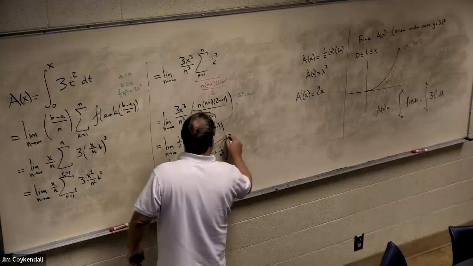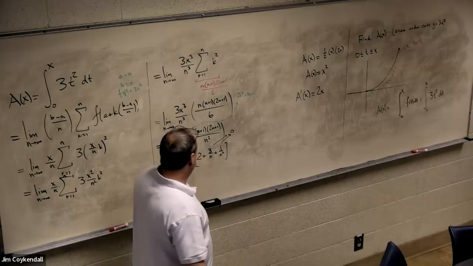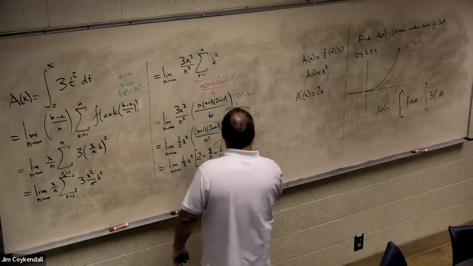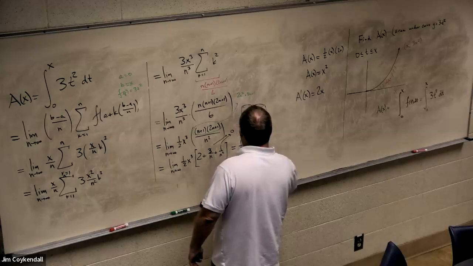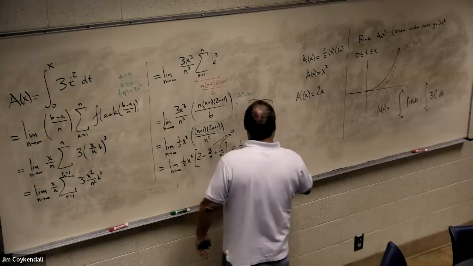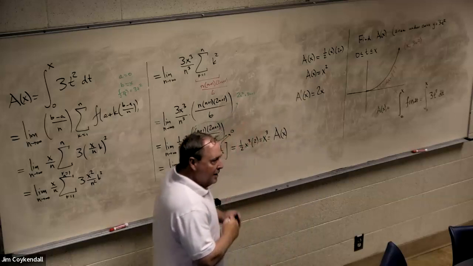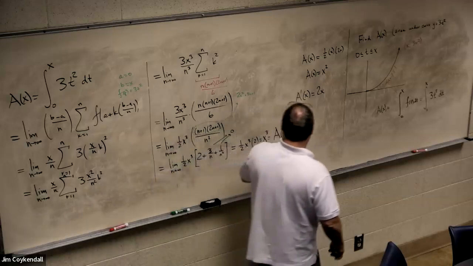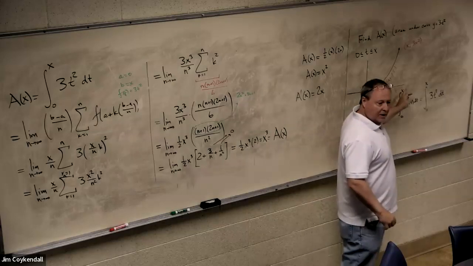And as n goes to infinity, these two go away, and I get 1/2 times 2, so x cubed. That's kind of cool. My area formula is just the cube of how far I go out.